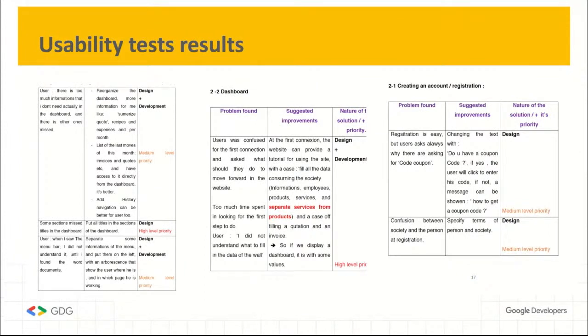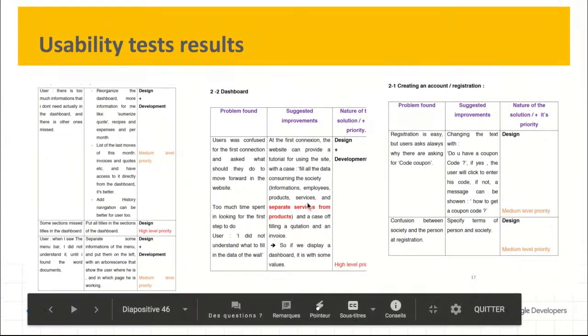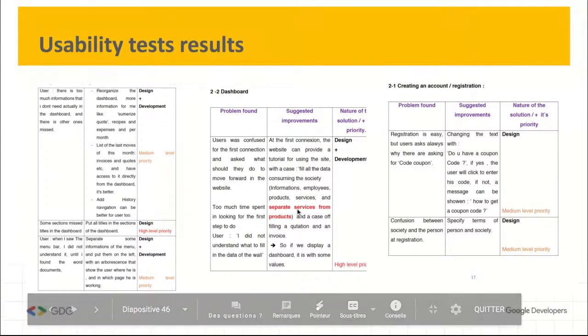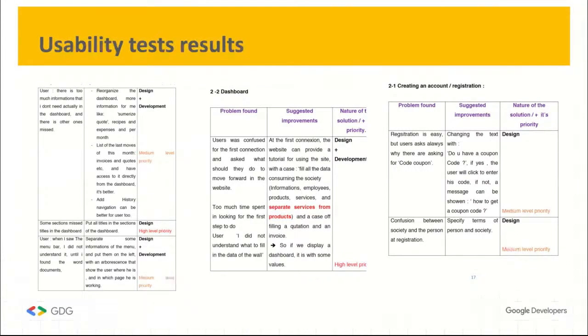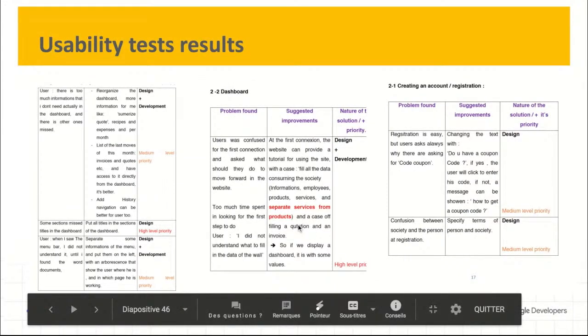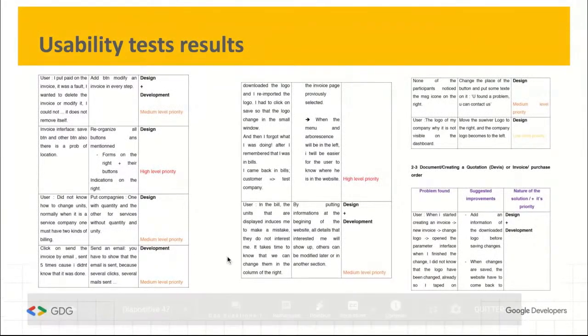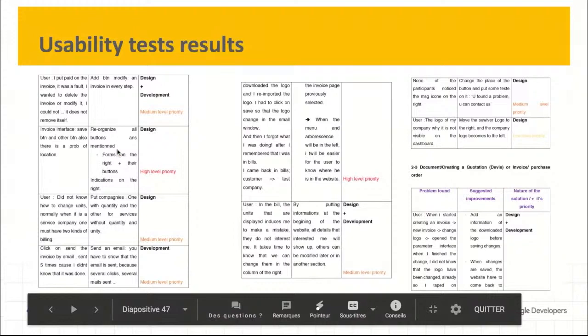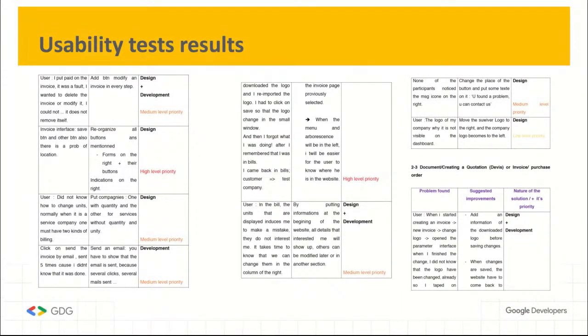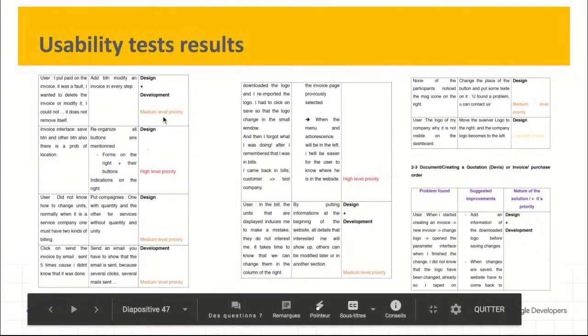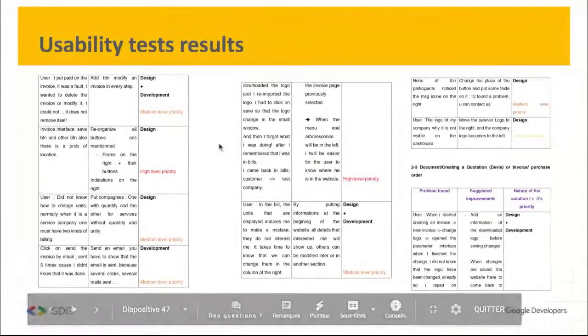The client or the development team will be specific on this to say that priority will be technical, high level, sorry, or medium level or other. So we worked on many pages, and these are our results of testing the website and reporting usability in the report.